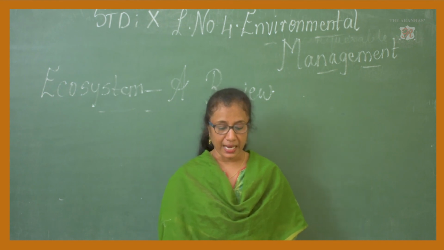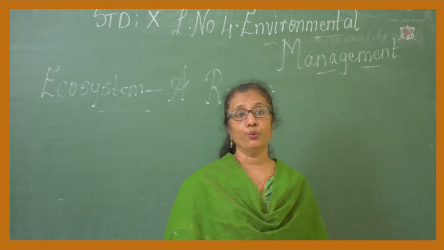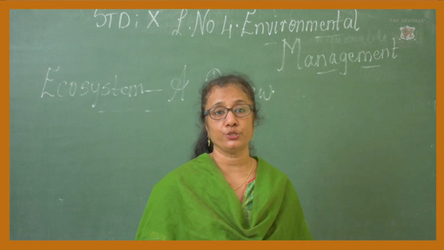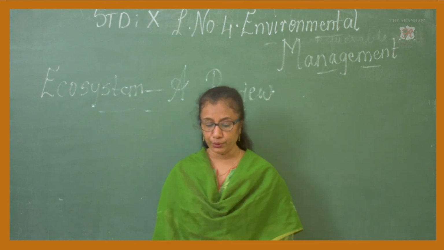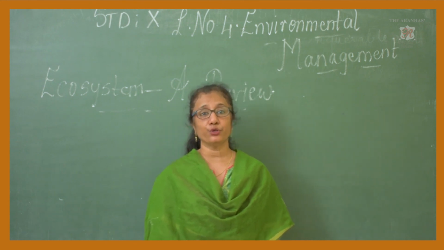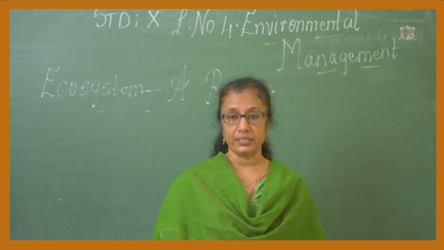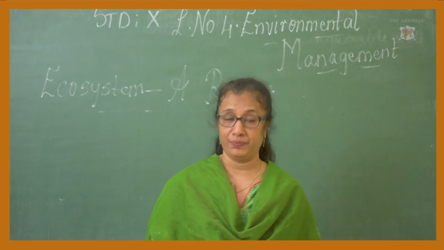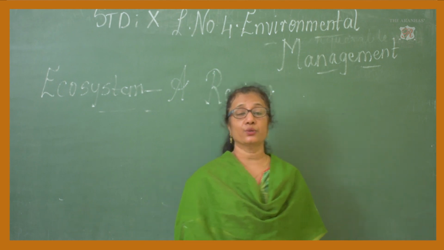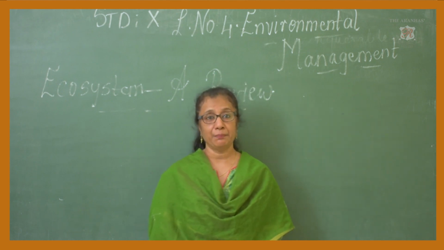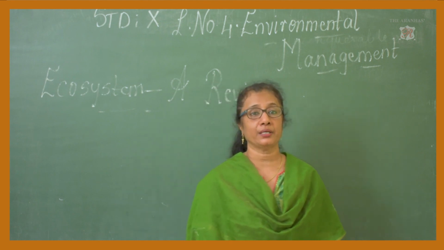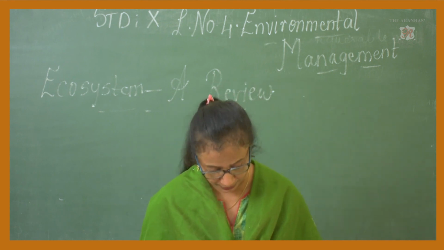The most important thing you need to remember in this review is the existence of human beings. Existence of human beings is dependent on a balanced ecosystem. That is why I said the ecosystem has to always be balanced with the prey, predator and producer relationship.